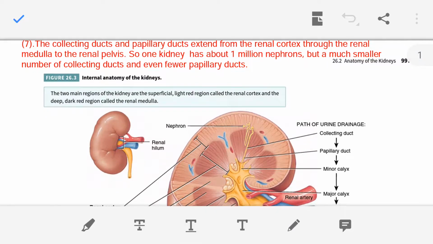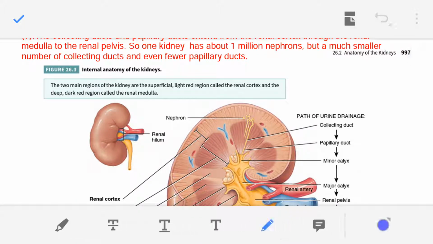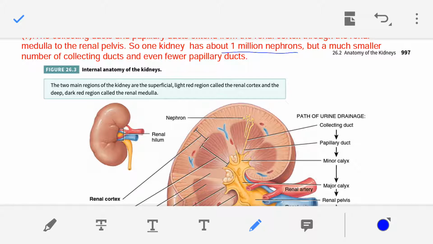Now in the kidney we know there are 1 million nephrons present.